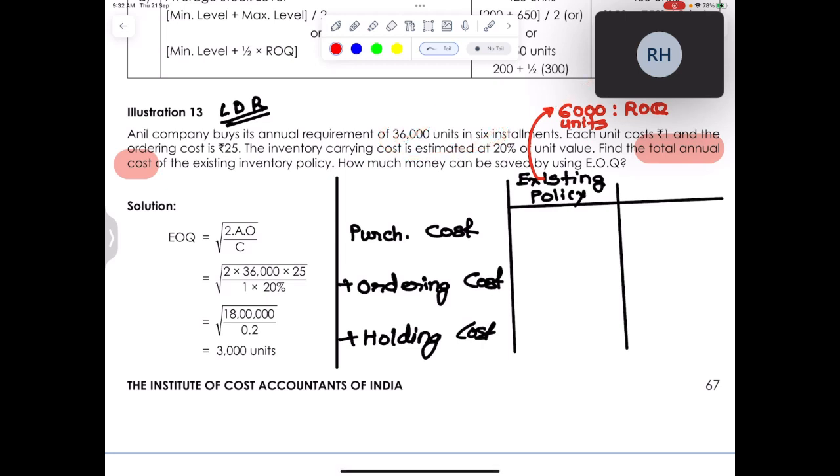So we are about to calculate the annual cost. How many units are we purchasing per annum? 36,000 into 1. The question has itself decided the number of orders placed to purchase 36,000: it has clearly given 6 installments. So the number of orders is 6.